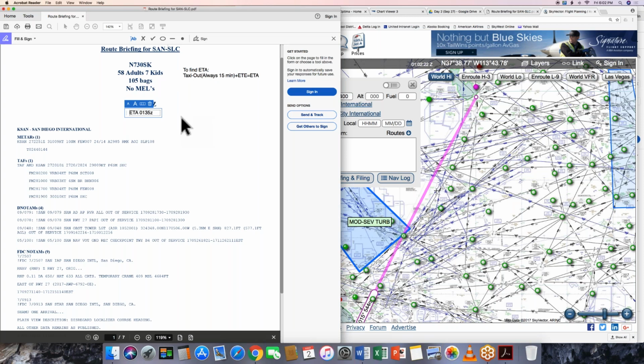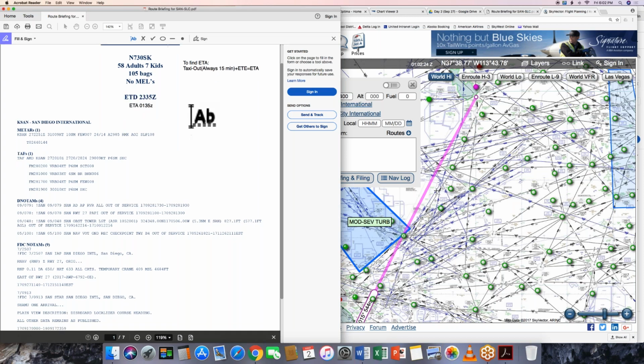This is just the rough guess, right? So don't go writing this down everywhere as our ETA, because our actual ETA is going to be different than this. We're going to figure out our actual ETA, and that's what we're going to write down on everything. For now, we're just using this to get our flight planning rolling.